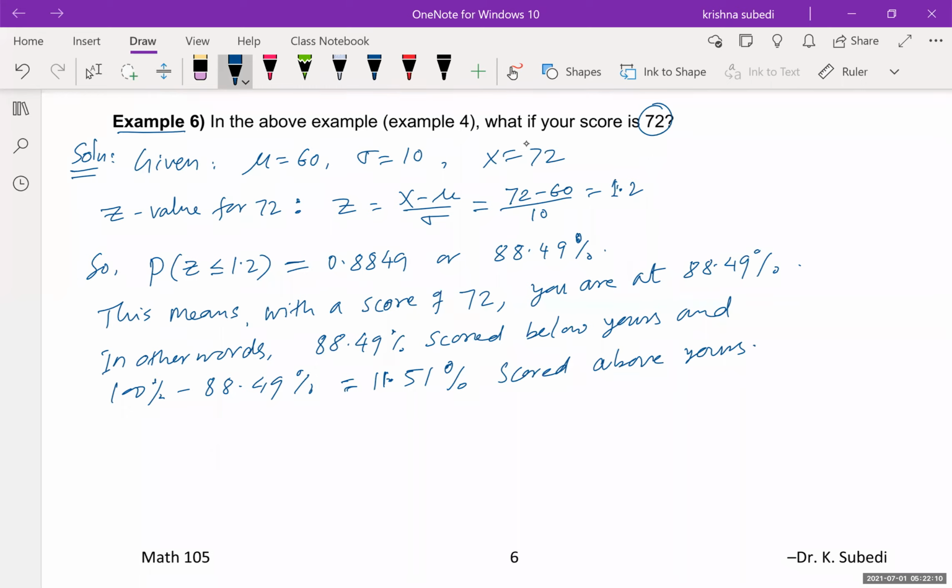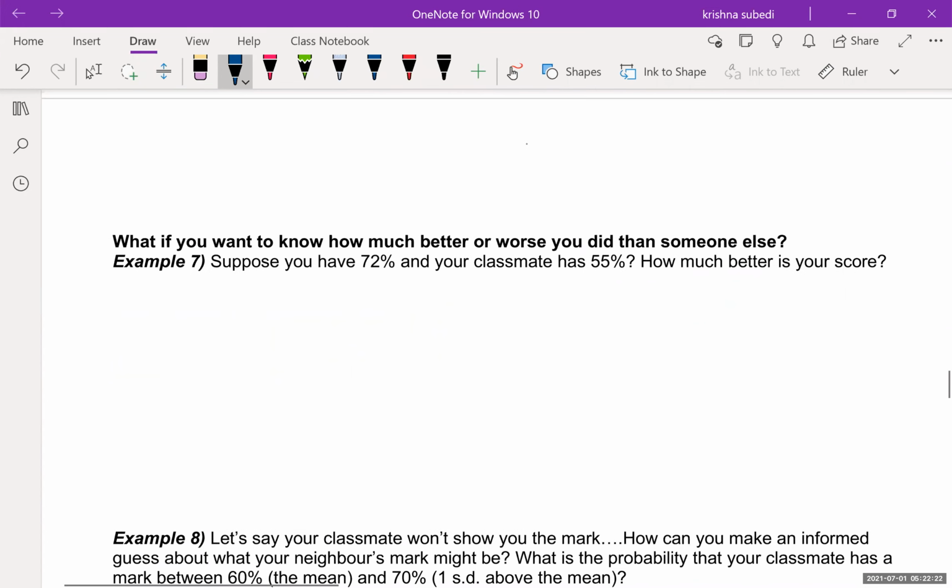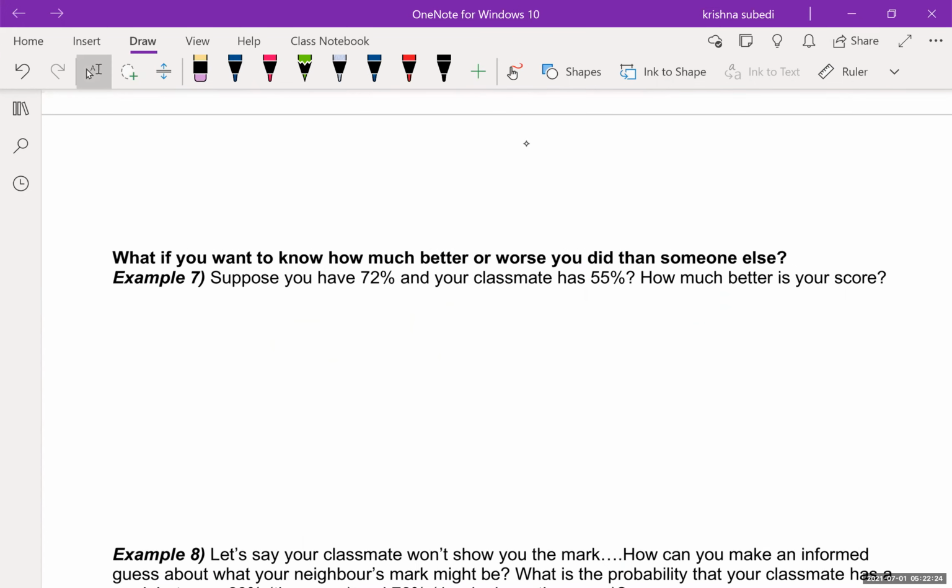All right. Any question? Example 6 is done. Now let's look at example 7. Again, remember in this case also, suppose you have scored 72 and your classmate has scored 55, for example.